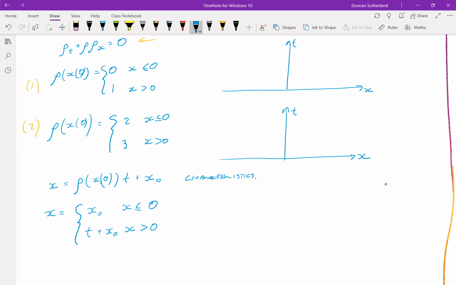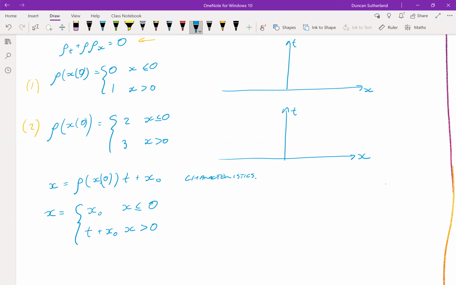Note that we typically draw our characteristics where x is the abscissa and t is the ordinate. This gives x as a function of t, which is not what we want. We want t as a function of x. So let's go ahead and rearrange. Obviously, there is no way we can rearrange the first one, right? x is always constant.